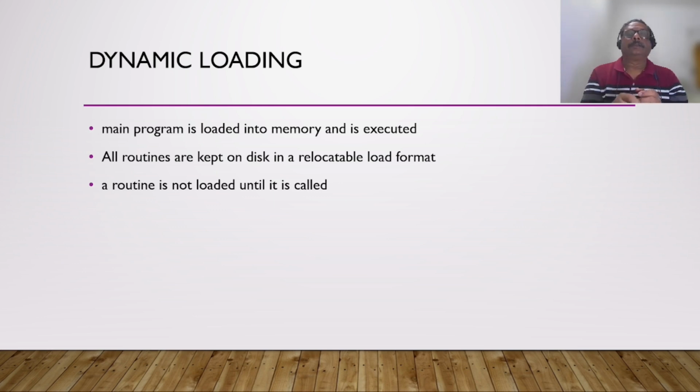So mostly the main program will have a smaller size, so we can load the whole main program onto the memory and then start execution. And during execution we may require some routines to be used.